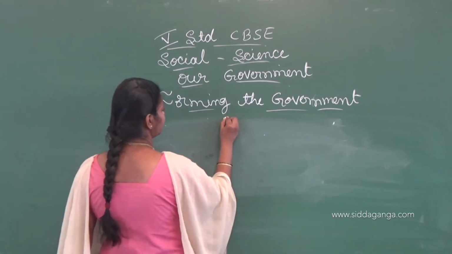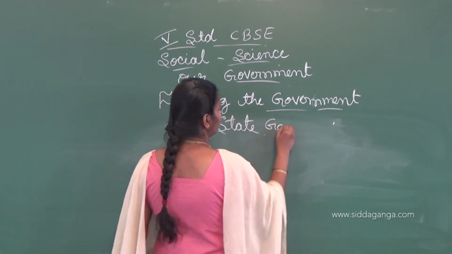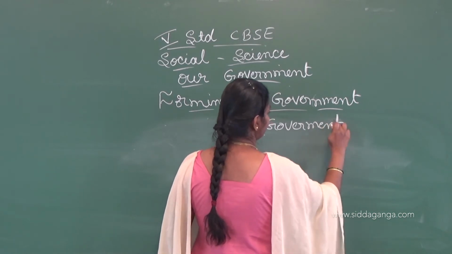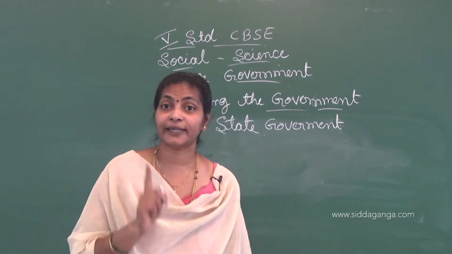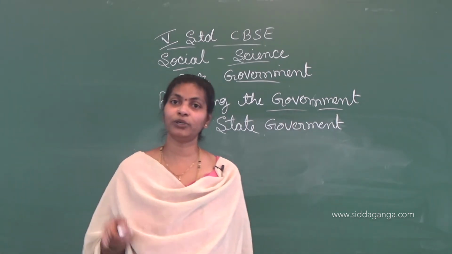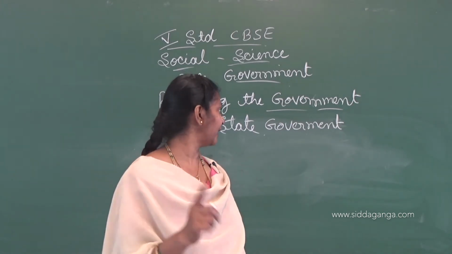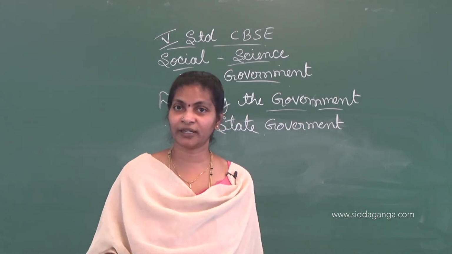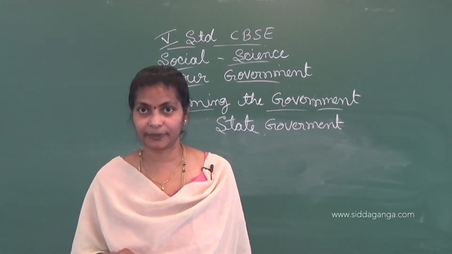How many state governments are there in India? There are 28. I already told you India has 28 states, which means India has 28 state governments.